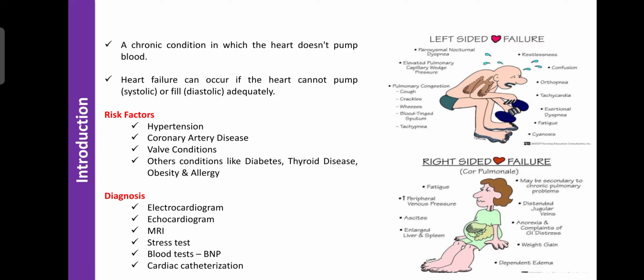If it fails, then our body does not get the oxygenated blood. So due to that, the person suffers from cyanosis. Before cyanosis, the person suffers from fatigue. Unnecessary fatigue means there is a chance of deficiency of oxygen in the muscles or in the organs. If it still continues, then the person suffers from cyanosis.